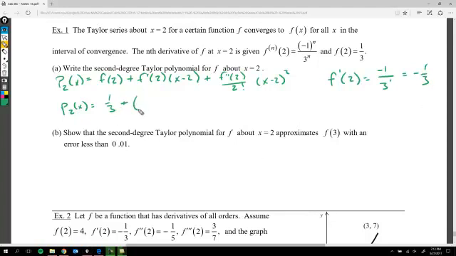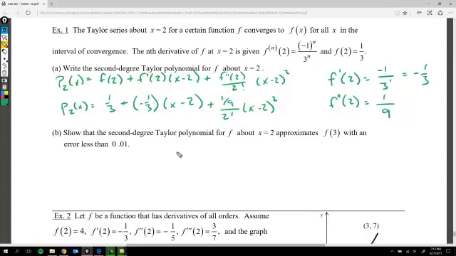So plus negative 1/3 (x minus 2). Now I have to figure out what f double prime of 2 is. I'm going to plug 2 in for n, and it's going to be negative 1 squared, which is 1, over 3 squared, which is 9. So 1/9 over 2 factorial times (x minus 2) squared. Here's my second degree Taylor polynomial.